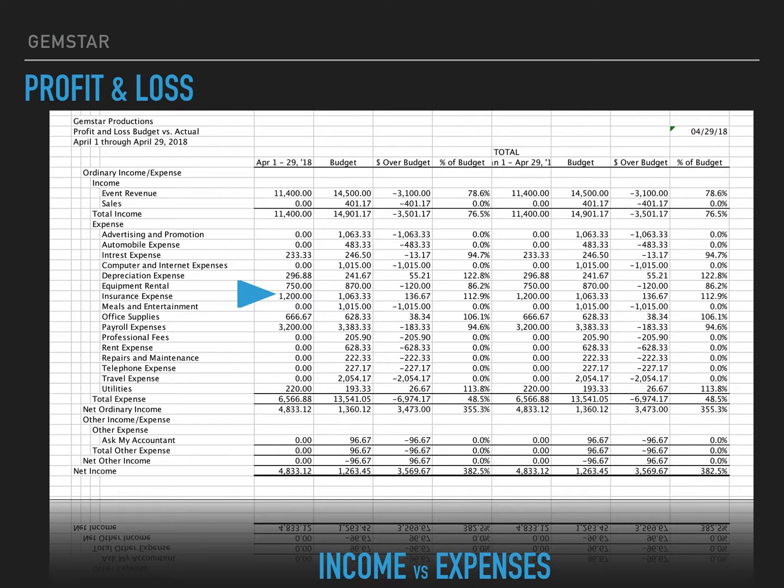And our last large variance on this report is going to be our payroll expense. This payroll expense, I think, will jump around for the next 6 months. We spent $3,200 last month and budgeted $3,383. The reason I say it's going to jump around within the next 6 months is because we are continuing to hire personnel that will help us with the production of Gemstar Productions.